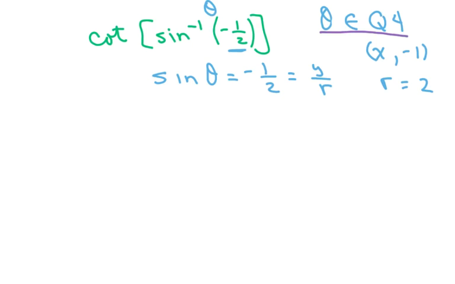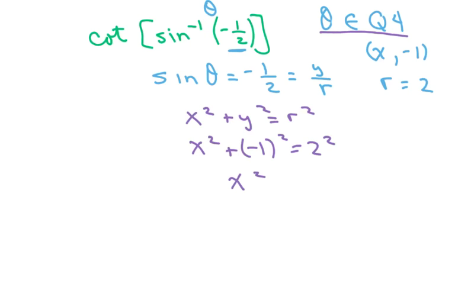So we're going to get the same thing we did before, where we have x squared plus negative 1 squared equals 2 squared. So x squared equals 3. So x is going to be square root of 3. And I'm just going ahead and making it positive since we know that x is positive.